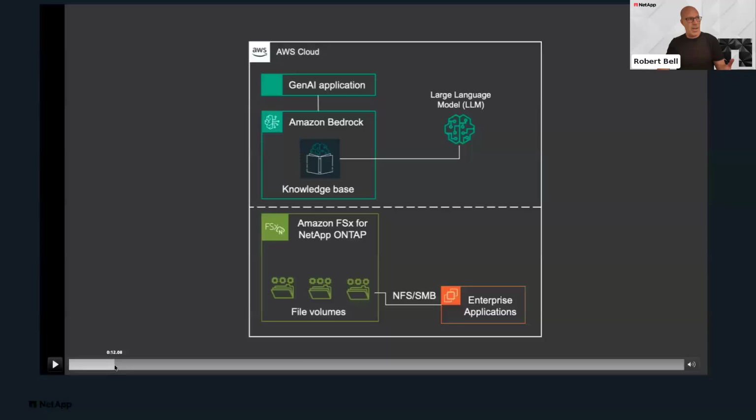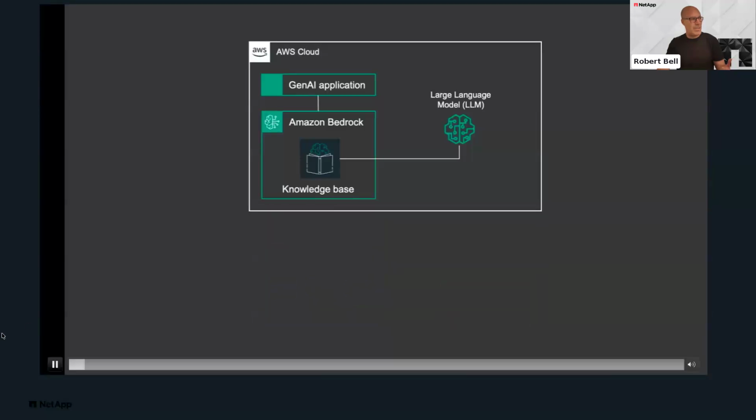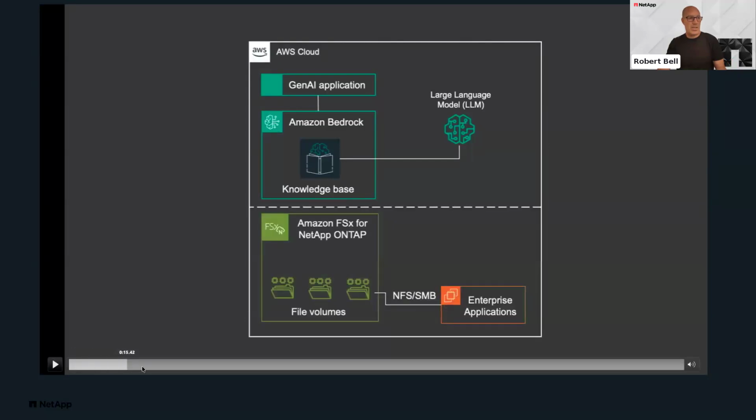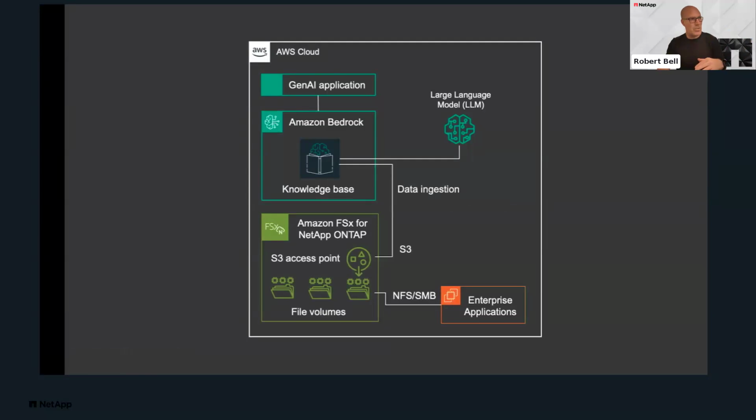And then you have file volumes on FSx for ONTAP, which are connected to enterprise applications which use NFS and SMB. Now with S3 access points, you add that to the specific volume you want to feed into the service. The data is ingested through the knowledge base as if it was in S3.